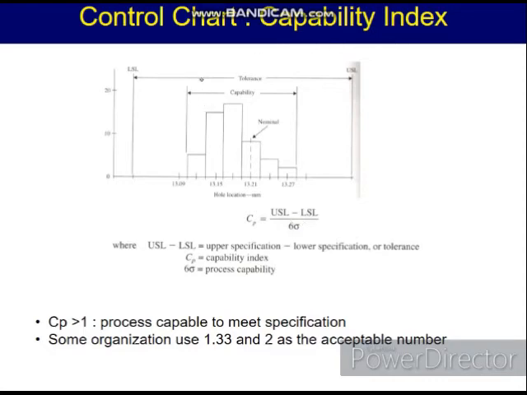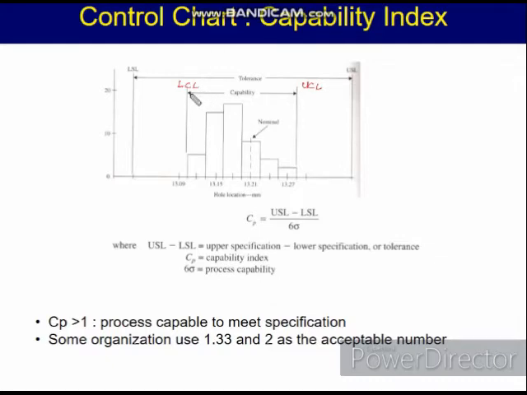So in this illustration, this represents the lower control limit, this is the upper control limit, this is the lower spec limit, and this is the upper spec limit. Again, the spec limit is usually determined by the customer, and the control limit is basically what your process can do, the capability of your process.